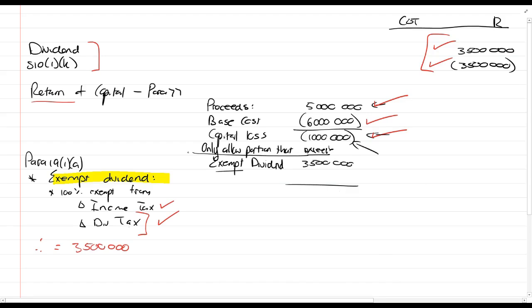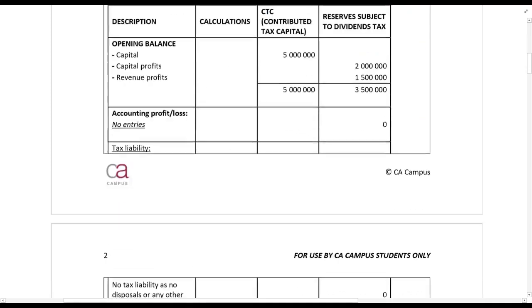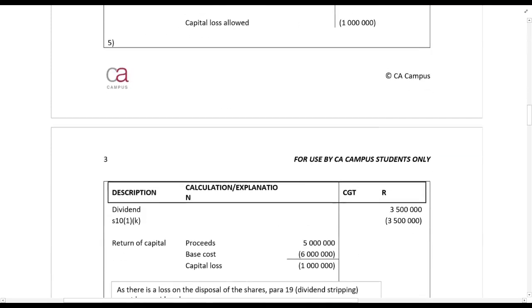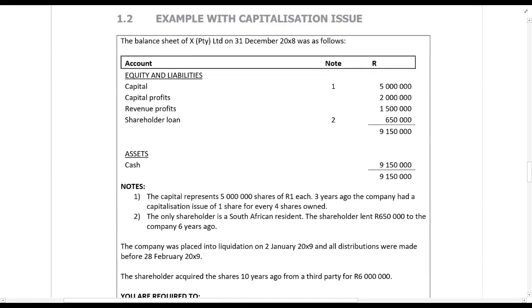How much of the million exceeds the 3.5 million? Nothing. So no portion will be allowed to be claimed as a loss. All right, that's it. Now we'll look at example 1.2.